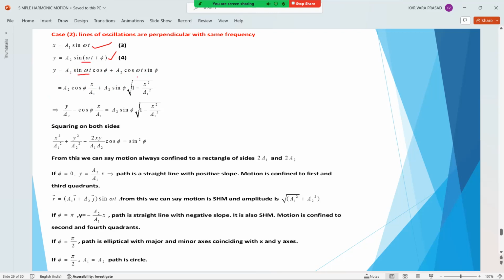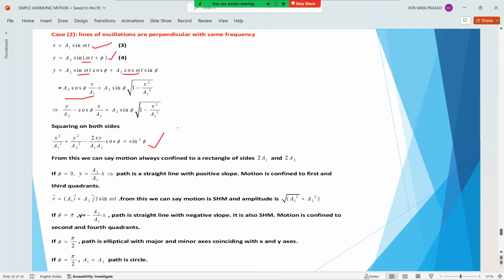In the place of cos omega t, we are writing square root of 1 minus x square by a1 square, since cos omega t is square root of 1 minus sin square omega t. Now we are taking this cos phi x by a1 to the left side, then we are squaring on both sides. Then we are getting the path equation.